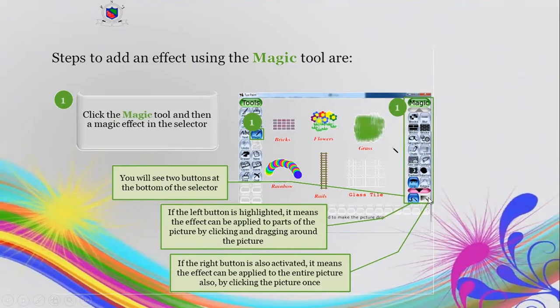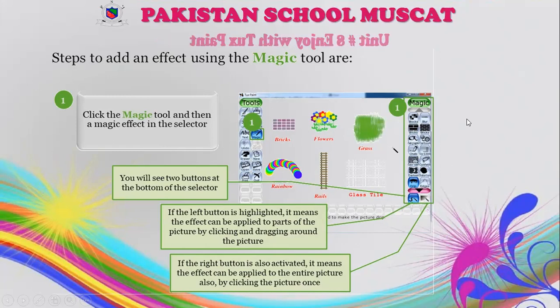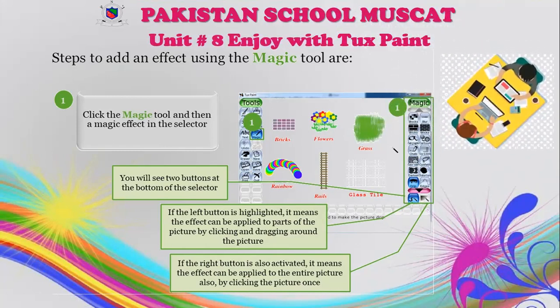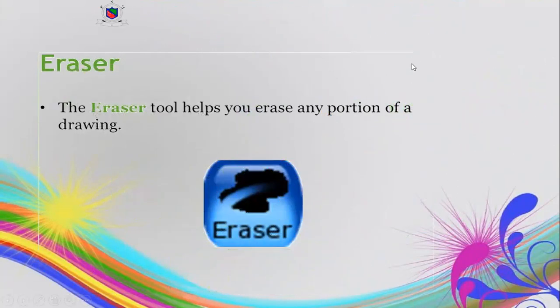But if the right hand button is highlighted, it means the effect can be applied to the entire picture by clicking the picture once. So I hope it is clear to you, my children, and you will be discovering new things using this magic tool effect. So let's move towards the next tool, which we have over here.